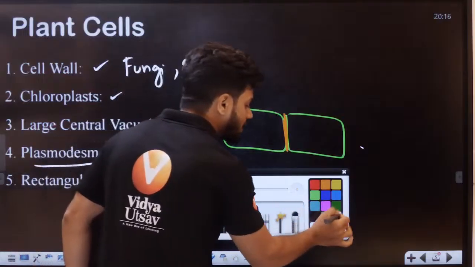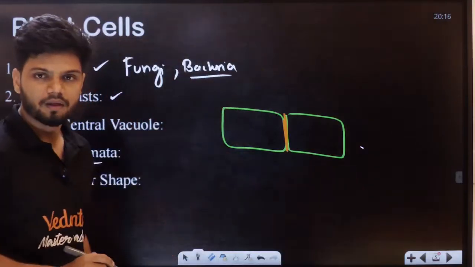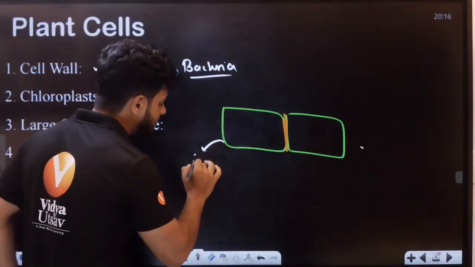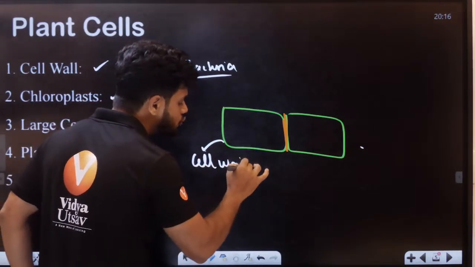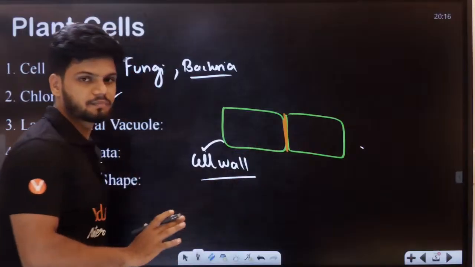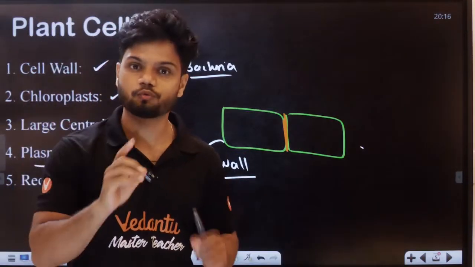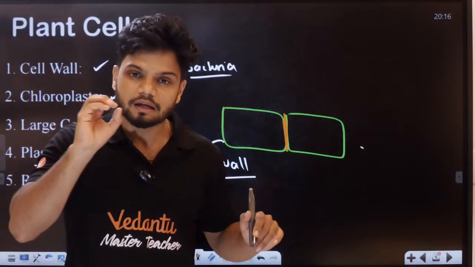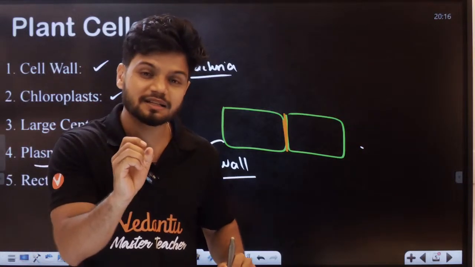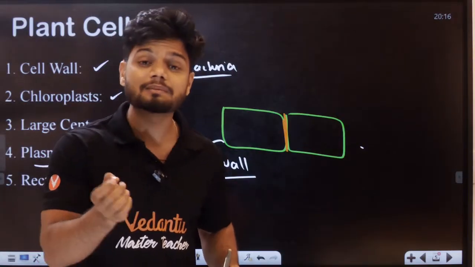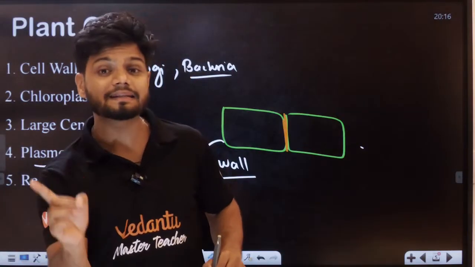Now, students, usually what happens is that since there is something called cell wall here, these two plant cells cannot talk to each other. They cannot gossip. Now, plant cell has devised a mechanism in which the cytoplasm of one cell is connected to the other cell.